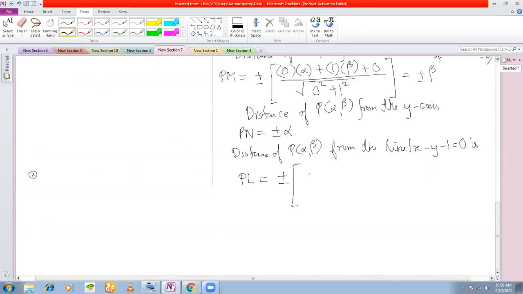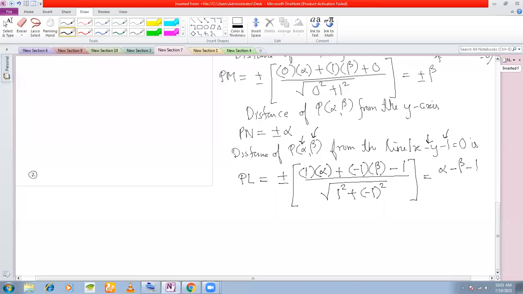A here is 1, x1 here is alpha, plus B y1, B here is minus 1, y1 is beta, plus C, C here is minus 1, divided by root over 1 square plus minus 1 square. So what are we getting here? We're getting (alpha minus beta minus 1) by root 2 with a plus or minus sign, obviously.